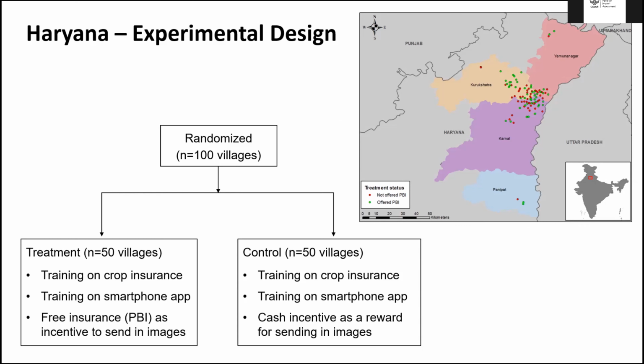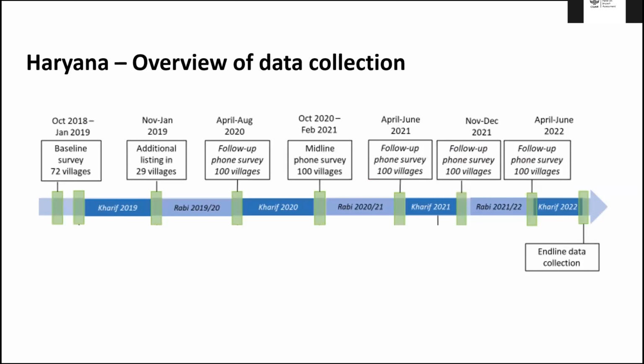So I think a lot of hesitation that implementing partners in the beginning might have towards randomization can be overcome by moving towards village level randomization. And from a design perspective, this is also a good thing because you don't have to worry as much about spillovers within close villages. So that's on the design.